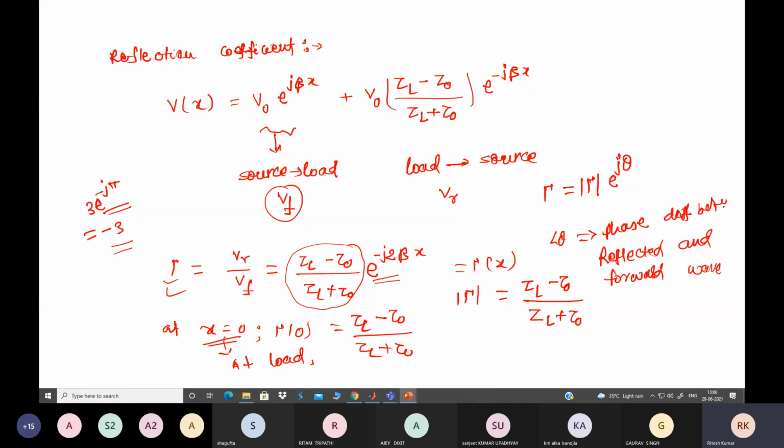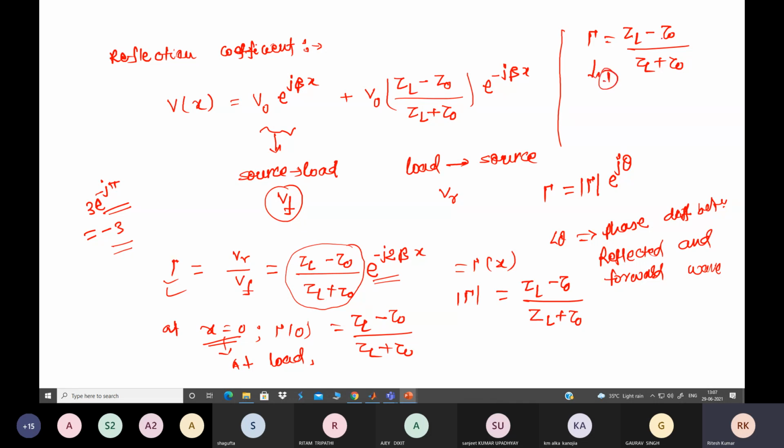So see here, from the expression of gamma, the magnitude is (ZL minus Z0) divided by (ZL plus Z0). What is its maximum value? The maximum value will be 1 when the terms ZL minus Z0 and ZL plus Z0 have the same magnitude.